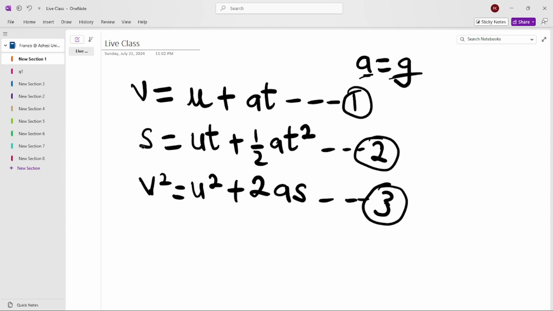Whenever we see s, where we have s dealing with distance, we are going to rather use h. It's the same thing, just that we are now renaming them to match the context that we are facing. Here it is talking about height. H is going to be referring to height.